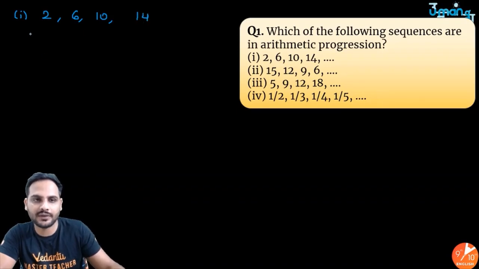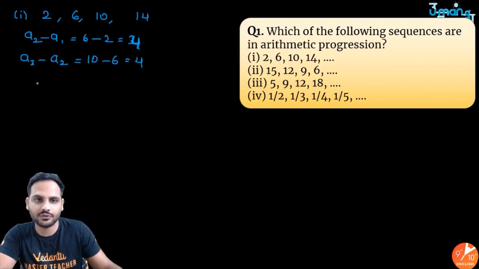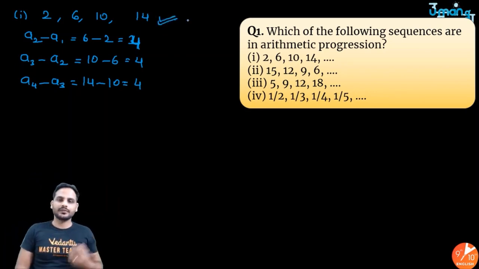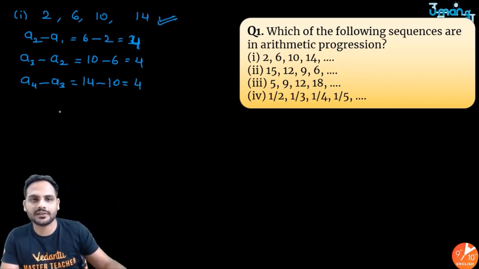If I do a2 minus a1, I get 6 minus 2, which is equal to 4. a3 minus a2 is 10 minus 6, which is again 4. a4 minus a3 is 14 minus 10, again equal to 4. Since the difference is constant, we can say it is an AP.